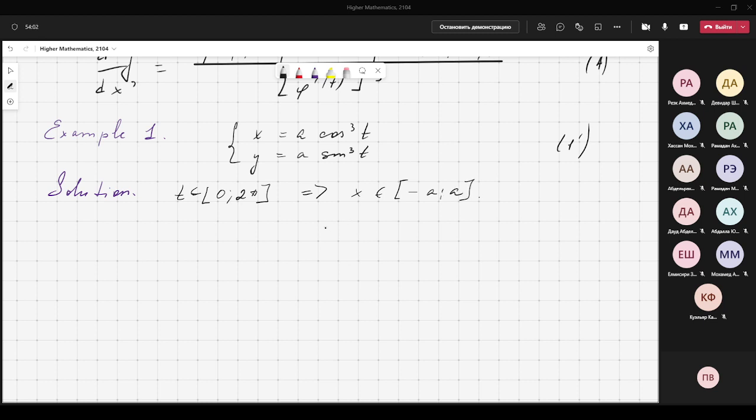And the interval from minus a to a is the range of y. Consequently, this curve has no asymptotes.